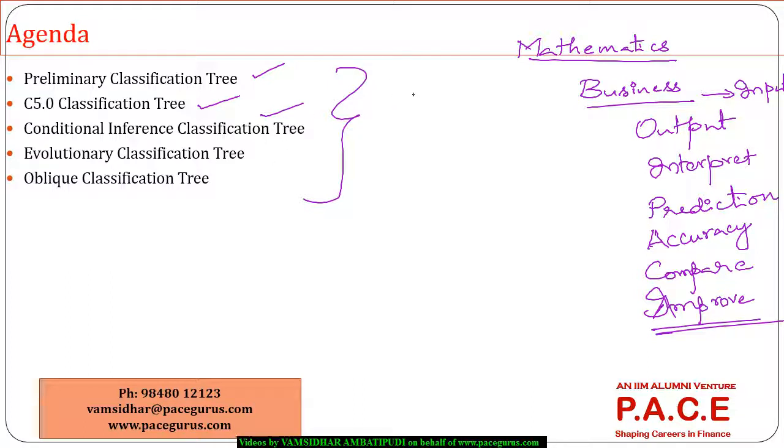We can discuss the key differences between each of these approaches while they are doing the classification of the data. We will also bring in the evolutionary classification tree and something that is different from the rest, which is the oblique classification tree.